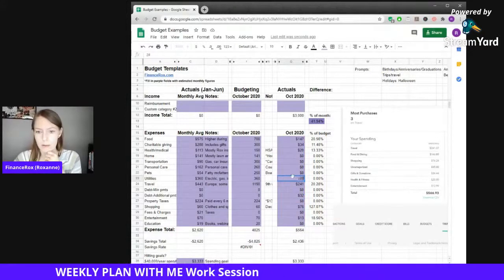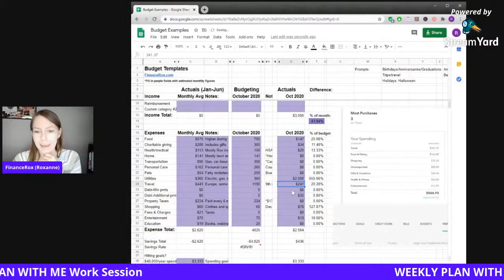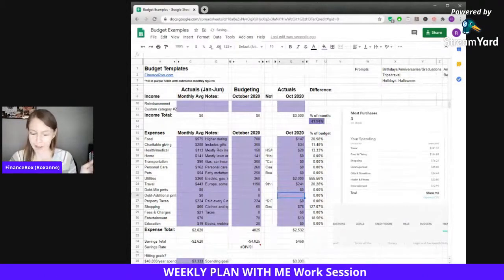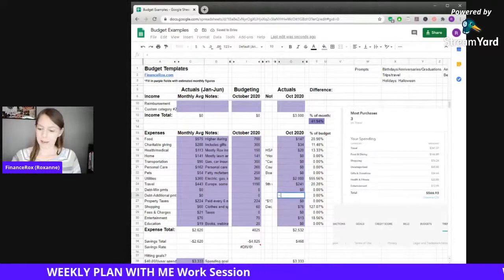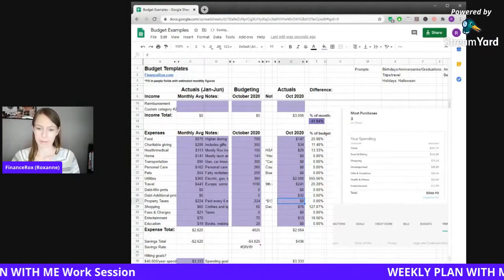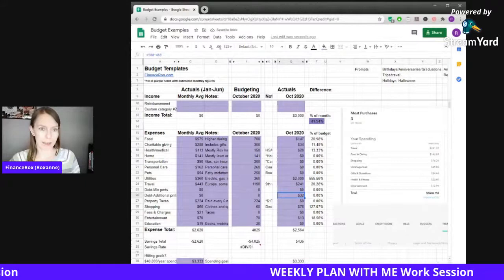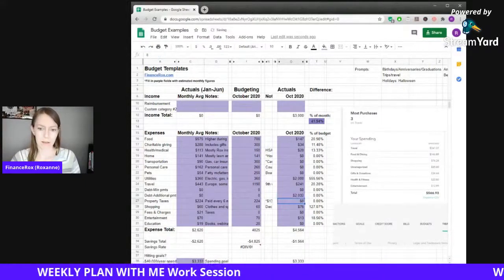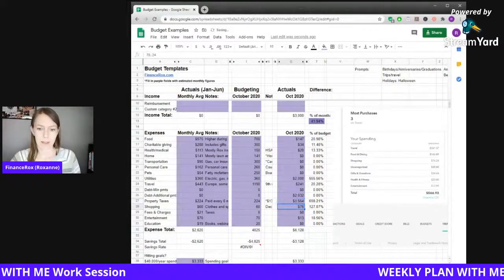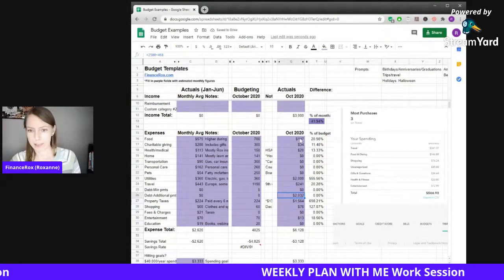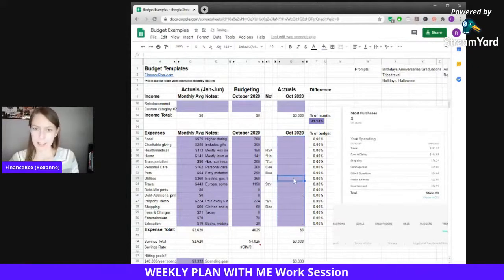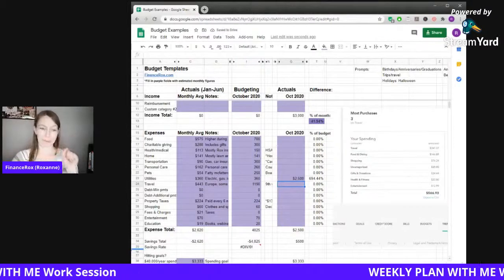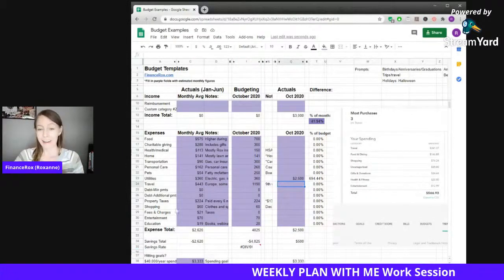Sorry, just making my spreadsheet do what I want. Okay, forgive this. I'm just going to clear this out, and let's just pretend that that's spread out between the categories, because apparently my spreadsheeting is rough tonight.